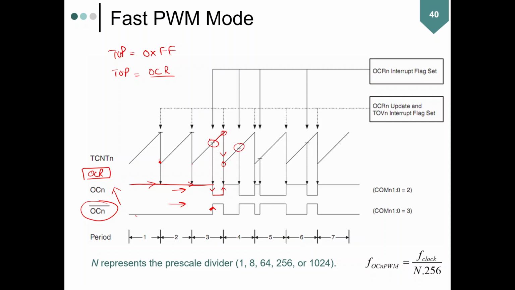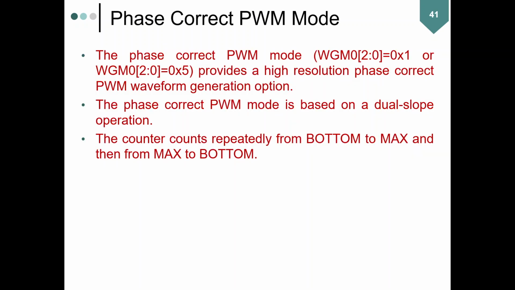And then when the comparison occurs, it goes from high to low. And then once again, once it rolls over, it goes from low to high. So this is how the fast PWM mode is working, and it is called a single slope operation because the timer is only moving from 0 to top and not from top to 0.